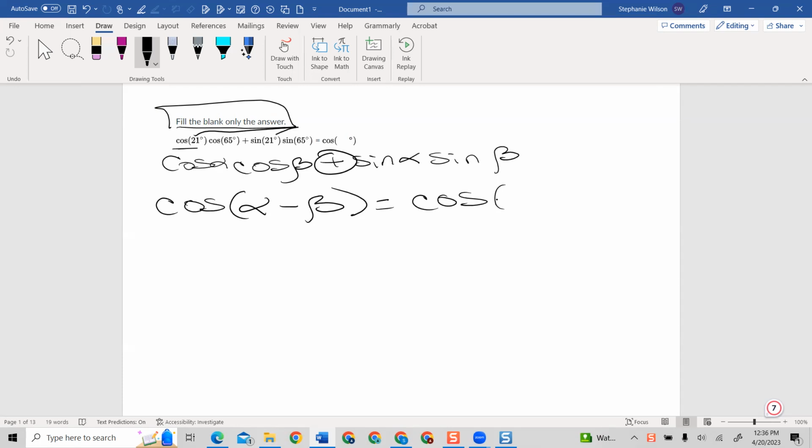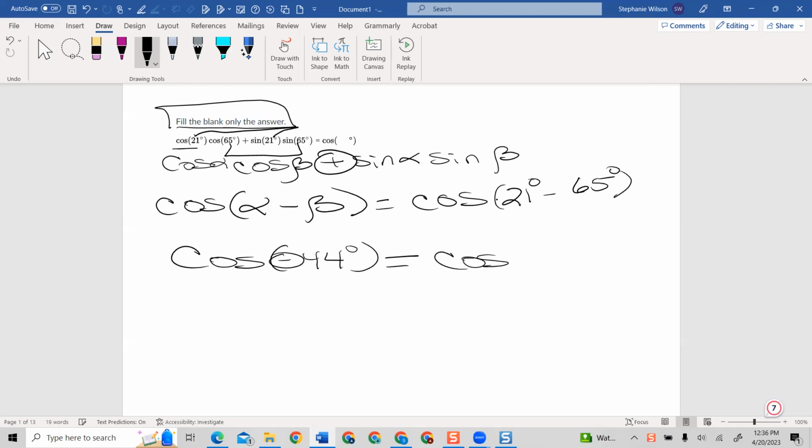Alpha is 21. Good. 21 minus, and beta is 65 degrees. And so now I got 21 minus 65 is 44. And it's actually a negative 44, but we know that cosine is positive. So since it's positive, we are going to drop that, and our answer will be cosine of 44 degrees.